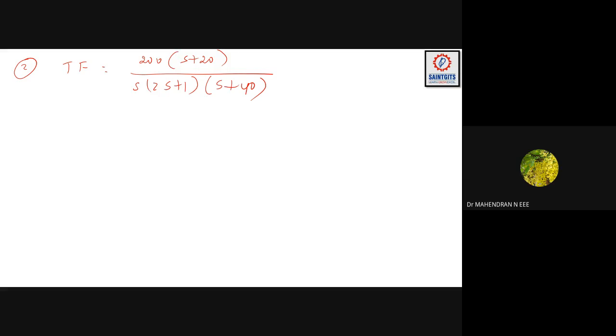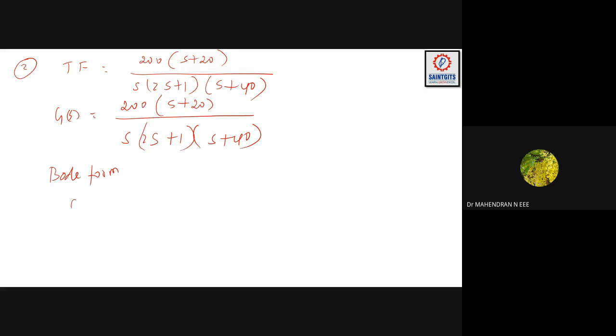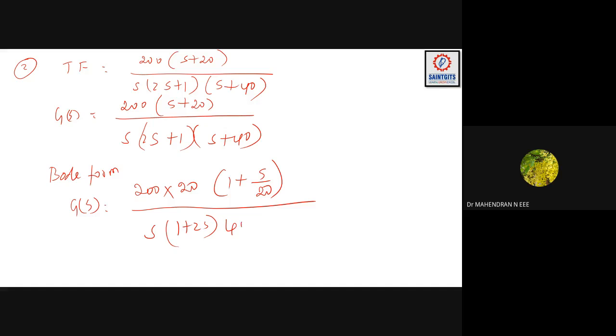Now we have to convert this into Bode form. In Bode form, G(s) equals 200 into, taking 20 outside, 1 plus s by 20, divided by s into (1 plus 2s) into 40 into (1 plus s by 40).